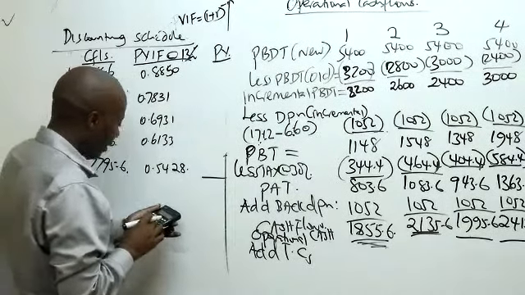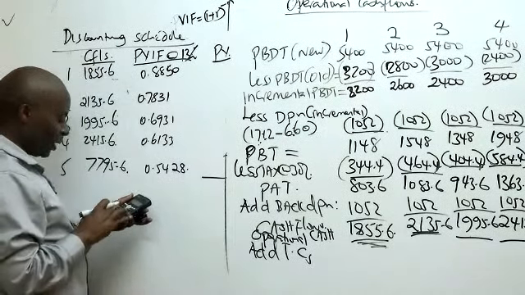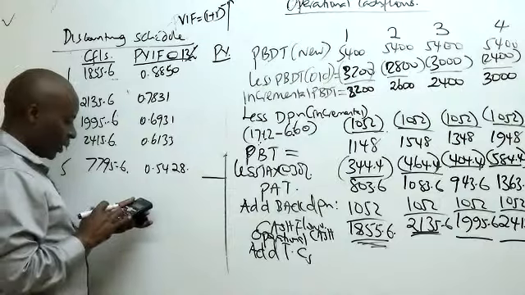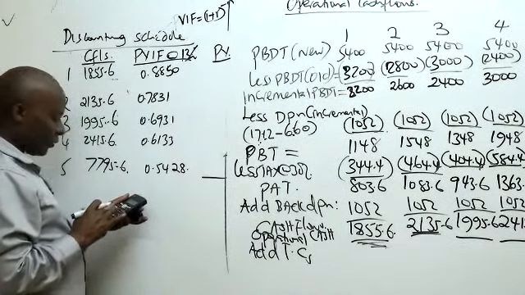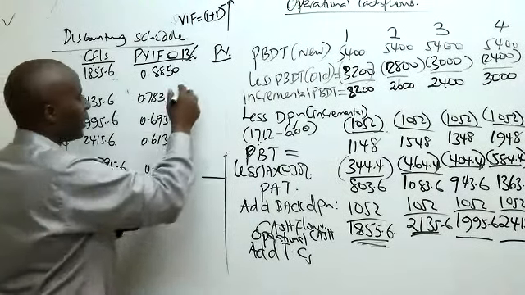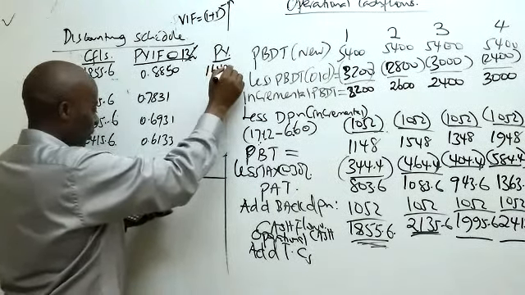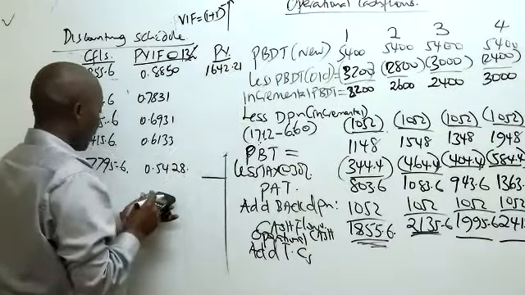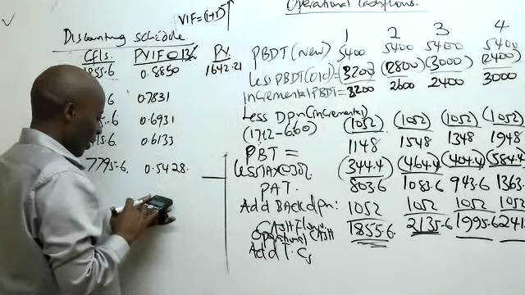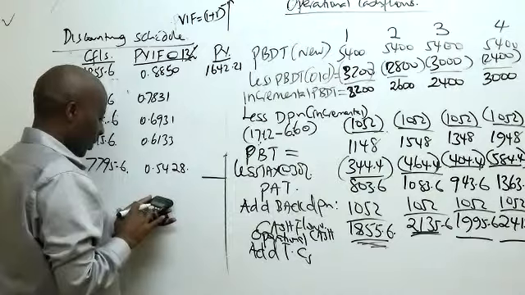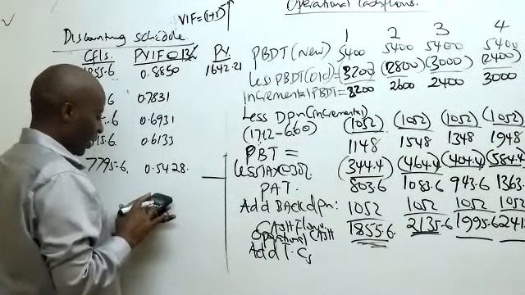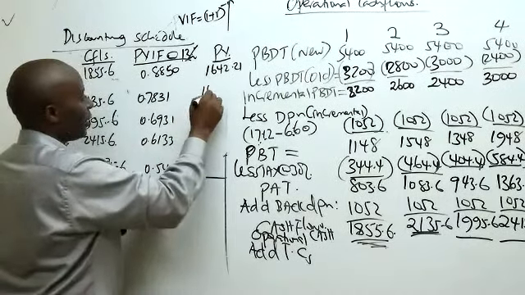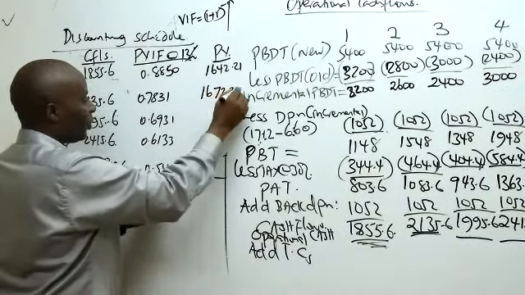So now come and multiply this very fast. The first one, 1855.6 times 0.885, gives us 1642.21. We have 2135.6 times 0.7831, which gives us 1672.39.